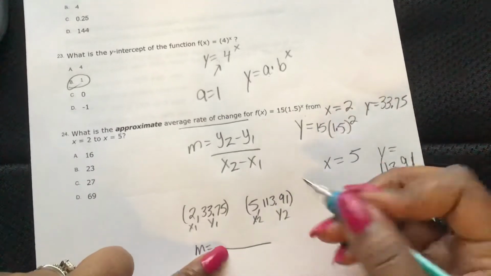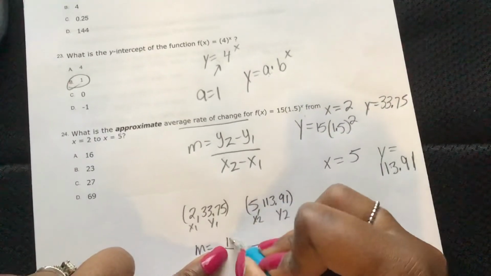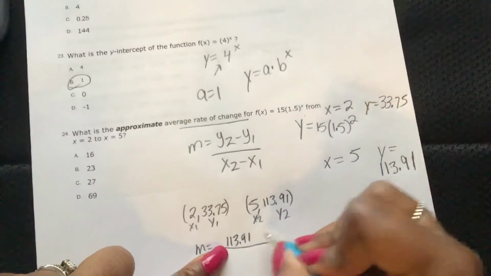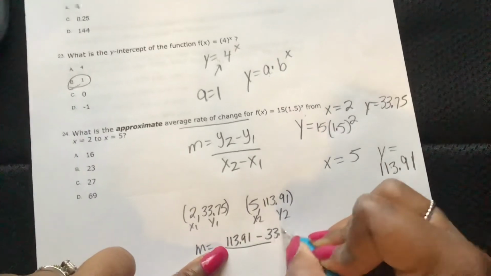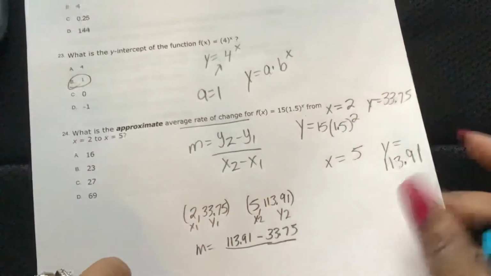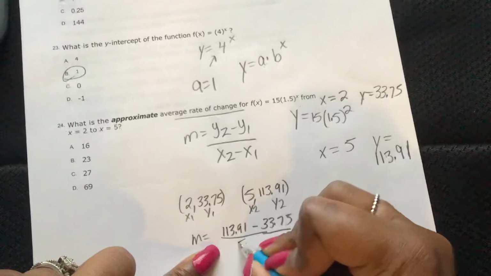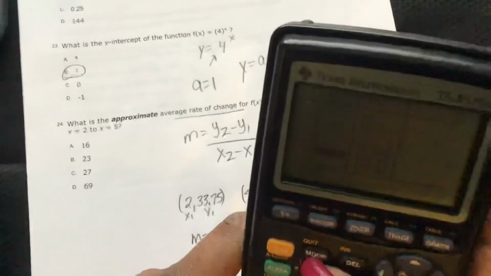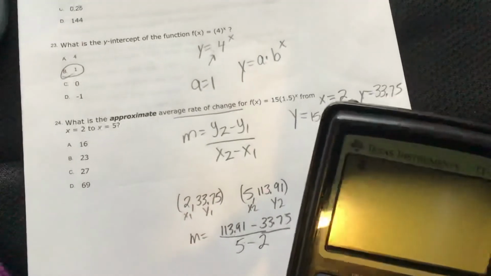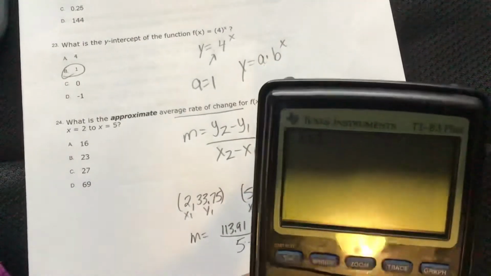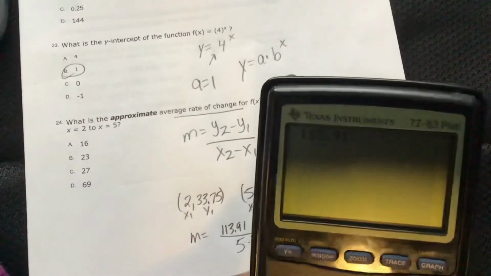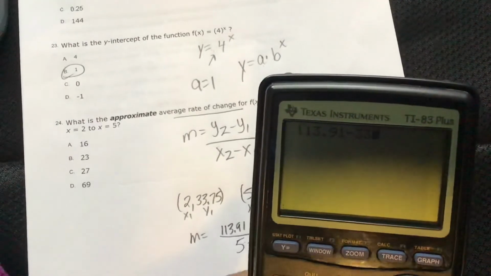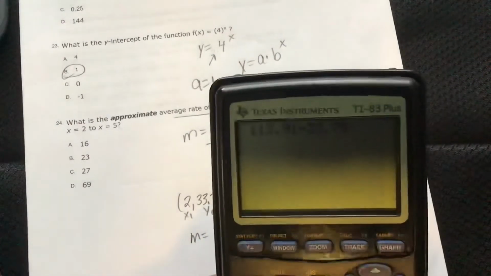So here we have 113.91 minus 33.75. And on the bottom, we have 5 minus 2, okay? Right? All right, so this is 113.91 minus 33.75, okay?